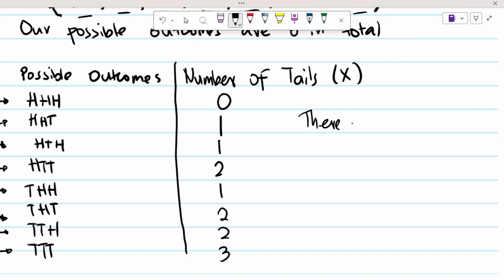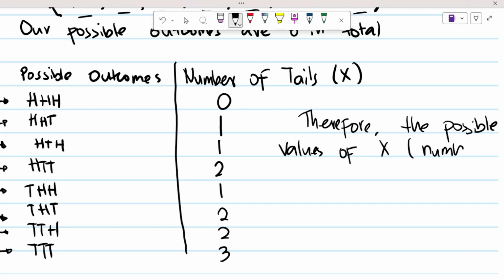So, what are the possible values of X? Therefore, the possible values of X, or the number of tails, are 0, this one, 1, this one.